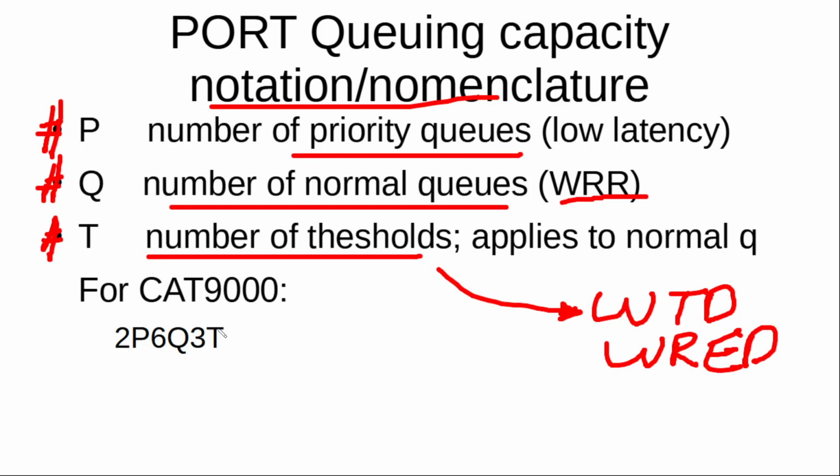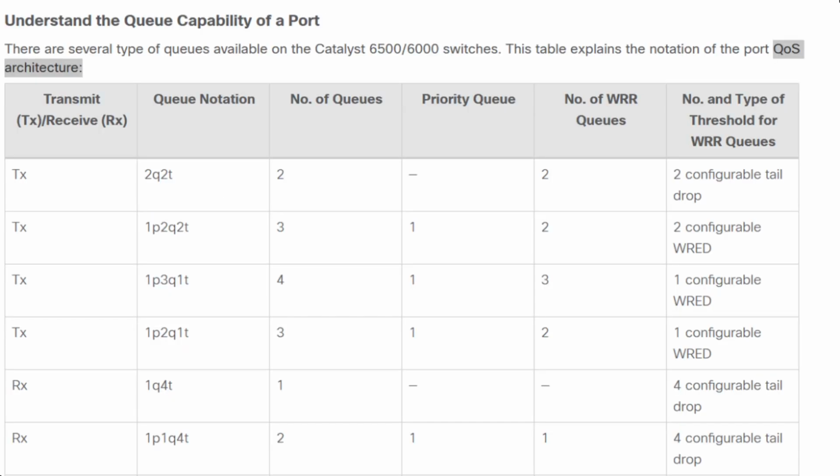So, for instance, for Catalyst 9000, we can express the capability of the hardware as a hardware that can support up to 2 priority queues, and then if you use those 2 priority queues, you have other 6 normal queues available for a grand total of 8 queues. So in this manner, you can read this notation for all the Cisco hardware, and this notation will always let you know how many priority queues you have, how many normal queues you have, and how many thresholds you have available.